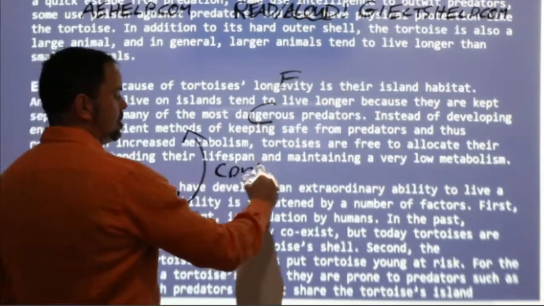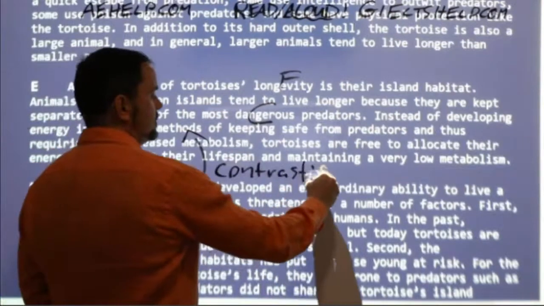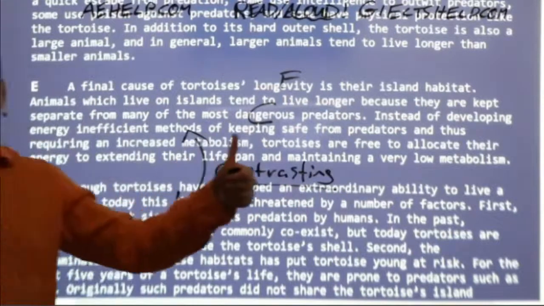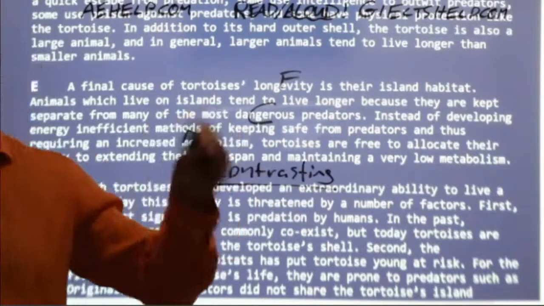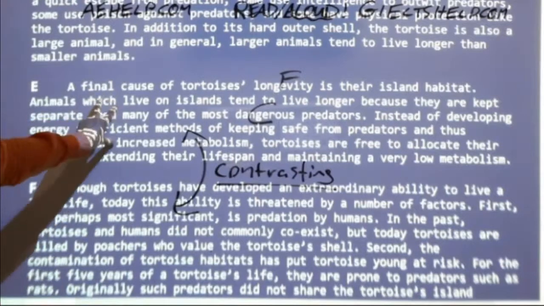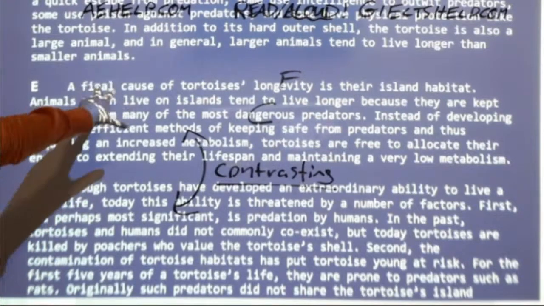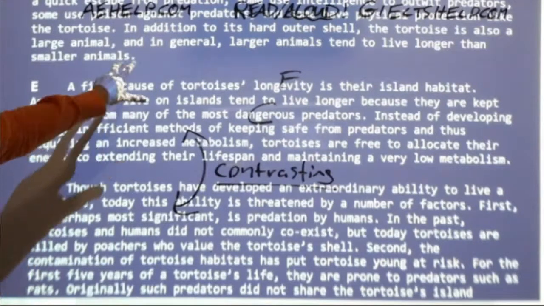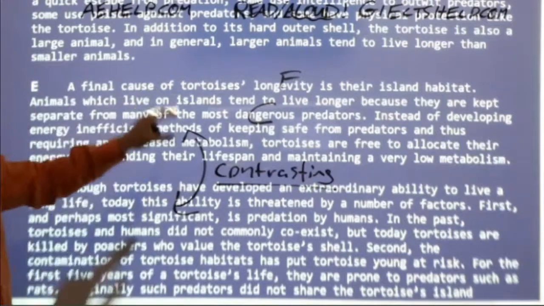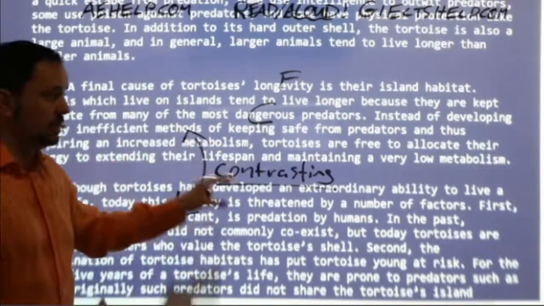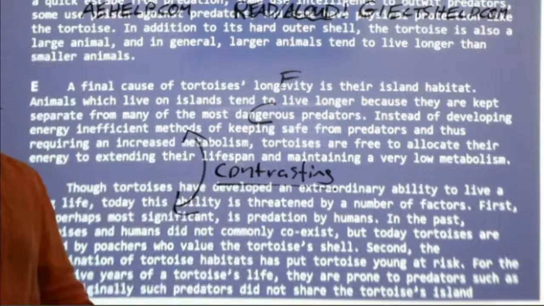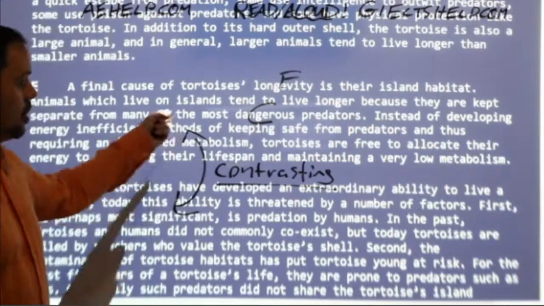And contrasting paragraphs usually follow each other. Everybody catch that? Historically, the tortoise is protected by living isolated, alone, away from dangers on these little islands. But unfortunately, thanks to humans who now have boats and planes, they don't really live on these islands alone anymore, and now they're dying. Okay, so there's a contrast there.